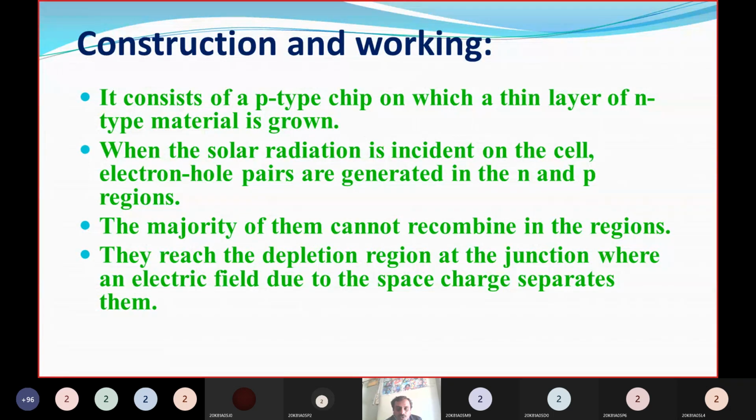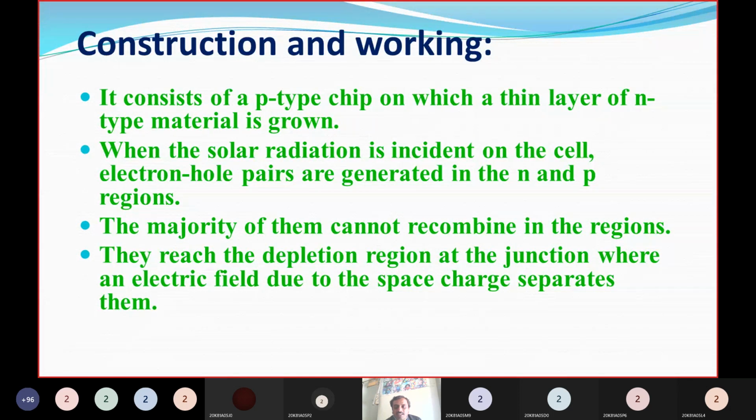Here also, whenever light is incident on either the p or n region, electron hole pairs will be generated. Some recombine within their own region, either the p region or the n region itself.